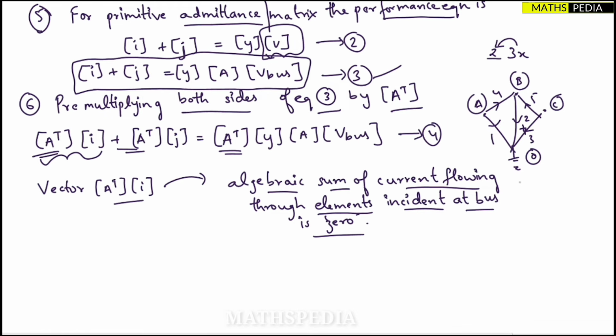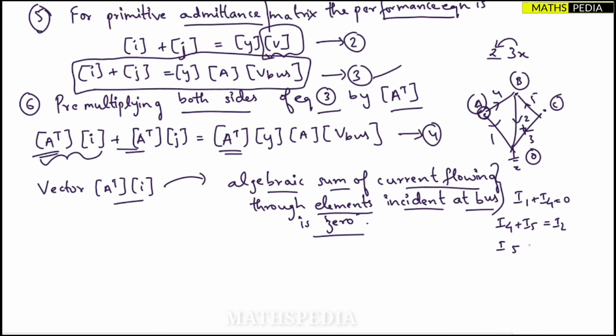Now here if you see, I can say that I1 plus I4 is equal to 0. That means at a particular node, the sum of the currents will be equal to 0. That's what this statement says. So I4, for example, I4 plus I5 will be equal to I2, correct? Like that.